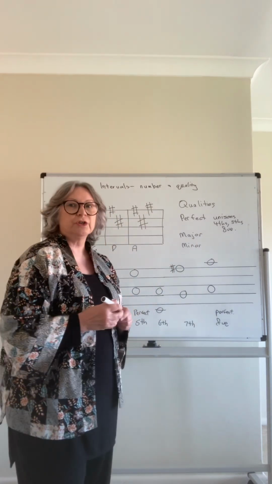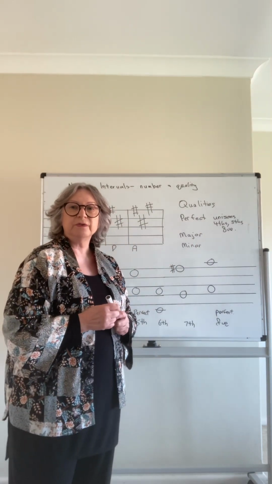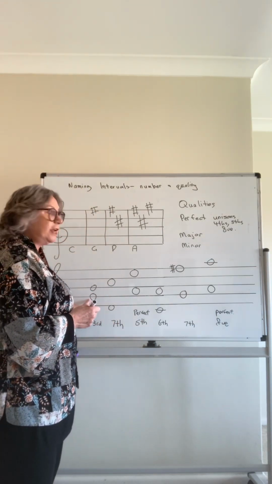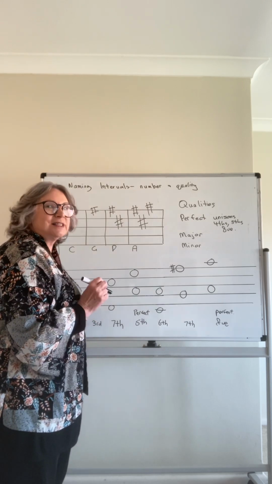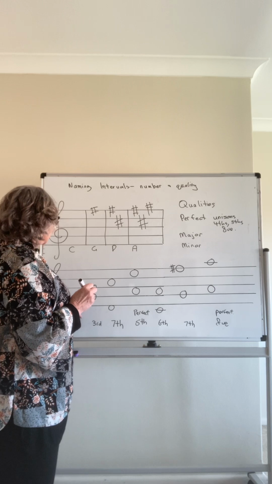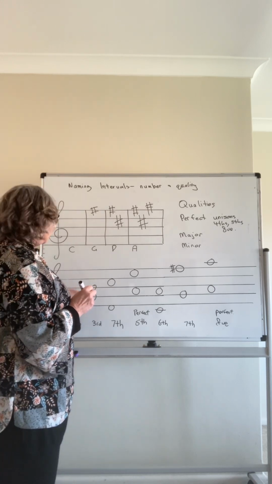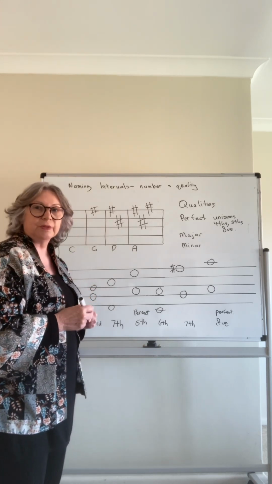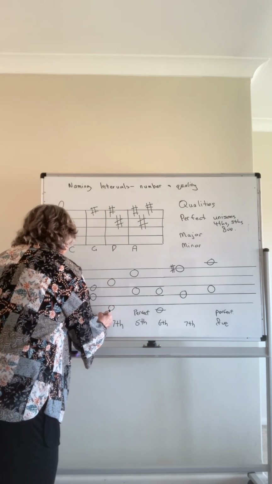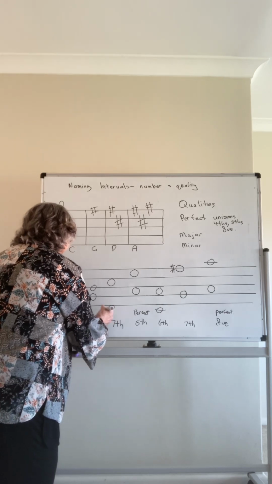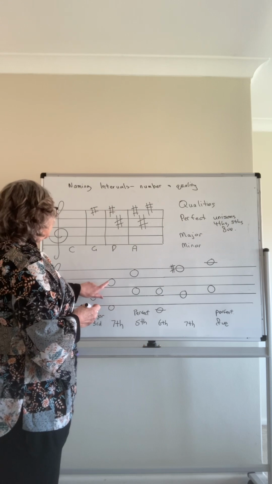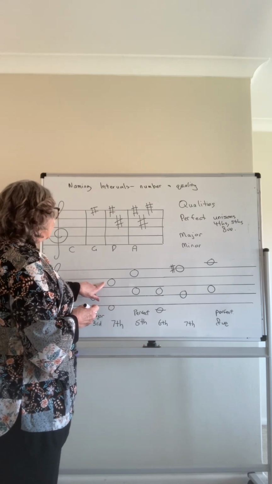Now the ones that are left over, we have to find out whether they're major or minor. So we look at the lowest note, which is G. Now, I always say this is the best way to do it. You ask yourself, in G major, do we have a B natural? The answer is yes, so it must be major. The next one, in D major, is C a sharp or a natural?